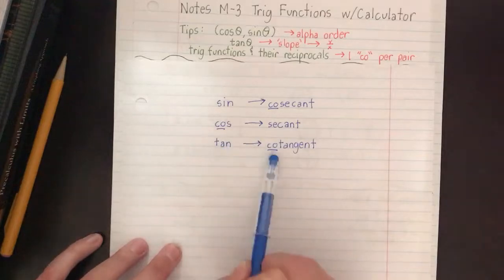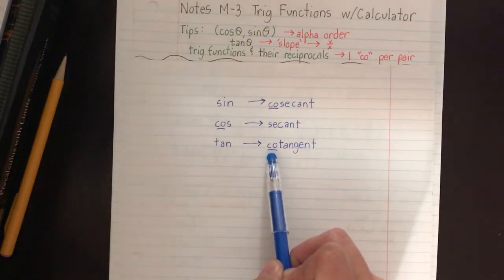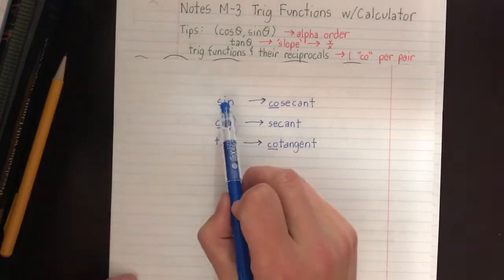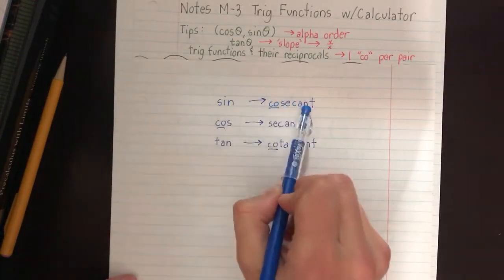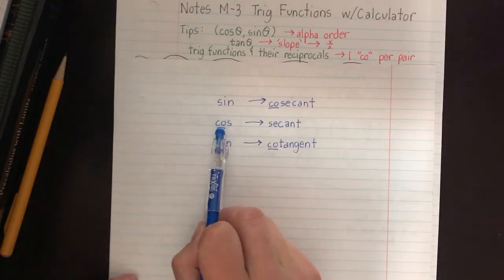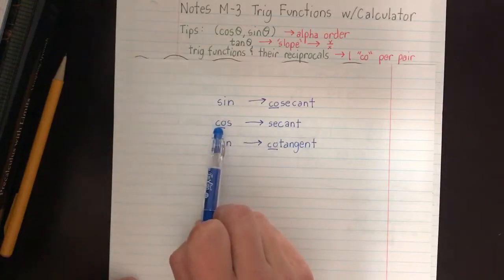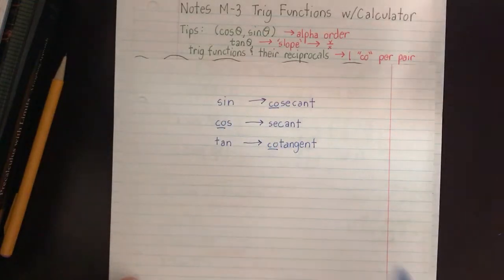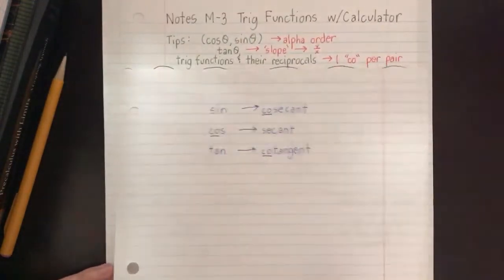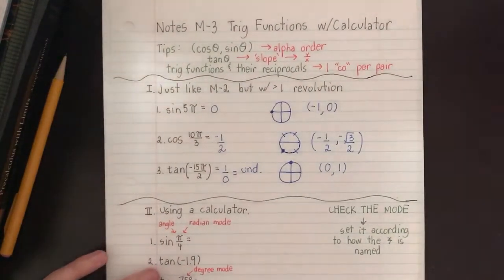Tangent and cotangent are easy to memorize as reciprocals, but to remember that sine goes with cosecant, you just have one co per pair, and so cosine must go with secant because you can only have one co per pair. You don't have to write that down, but it might be helpful.